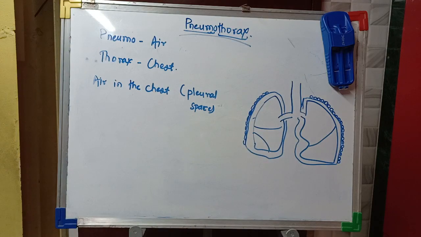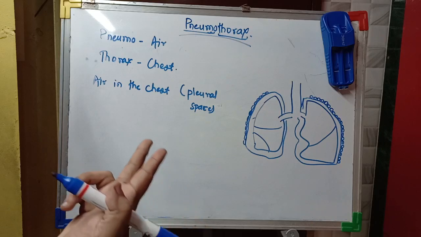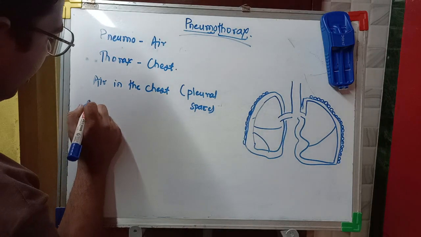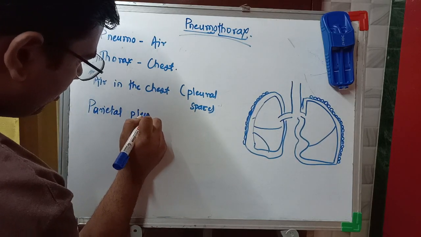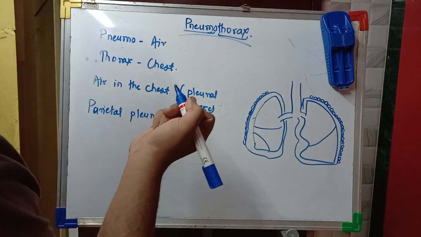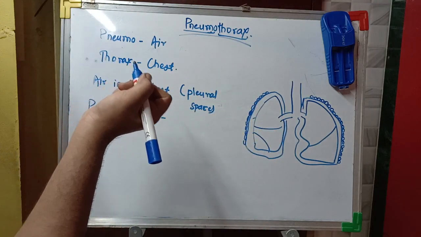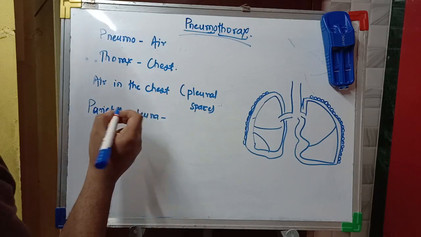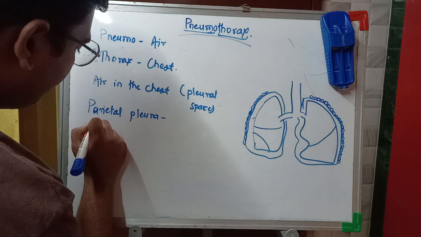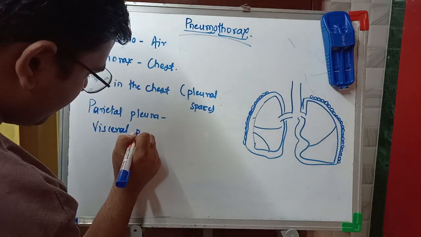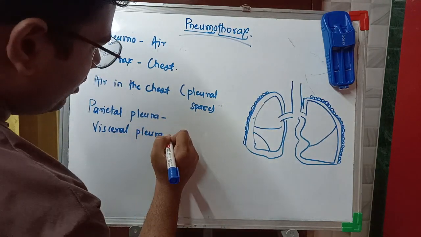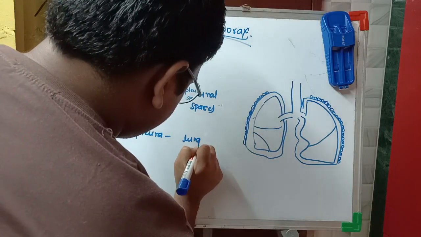So there are layers in our thorax region, in the chest region. There are two types of layer. One is parietal pleura, that is the parietal layer which is attached to the chest outside, and the other layer is visceral pleura, which is attached to the lungs.